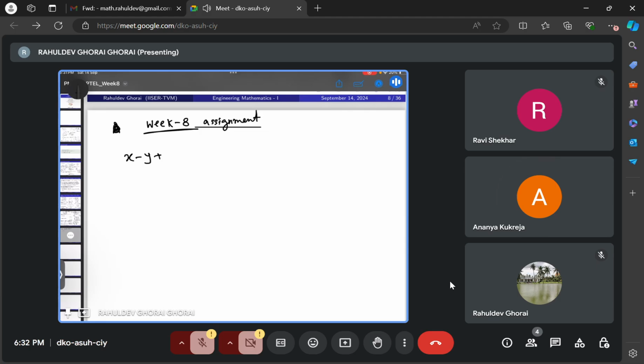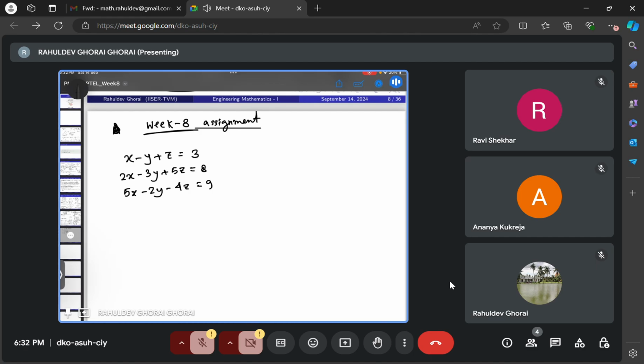Take x minus y plus z equal to, let's say, 3. Is it okay if you try this type of question, I mean assignment questions? Or do you want to try some other questions? I don't understand what you would like to do. Whatever I did till now was not from assignments; it was for understanding something.